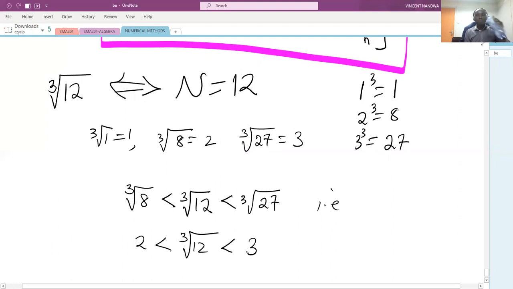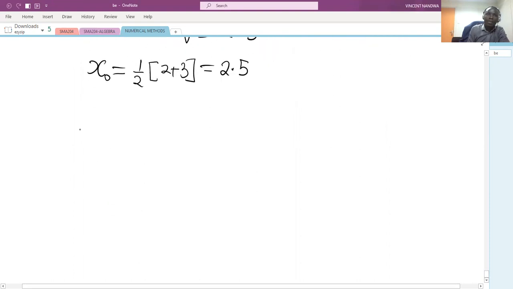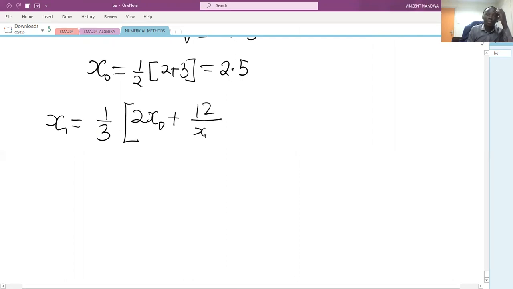So we pick our initial approximation, x naught, as the average of these extreme values 2 and 3. This gives us 2.5. So x1 will be given by a third into 2x naught plus our n, which is 12, divided by x naught squared. This is from the formula we have.